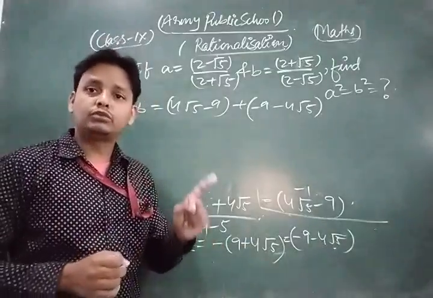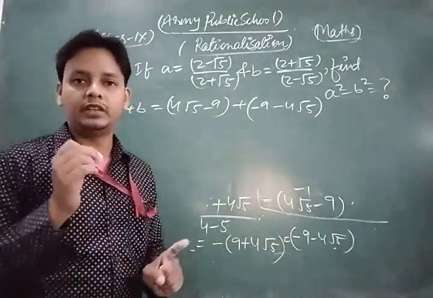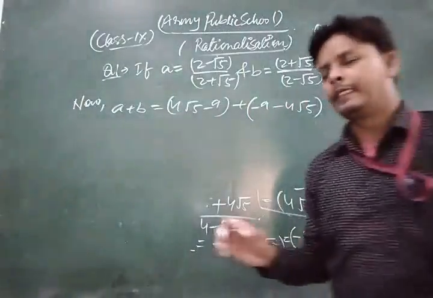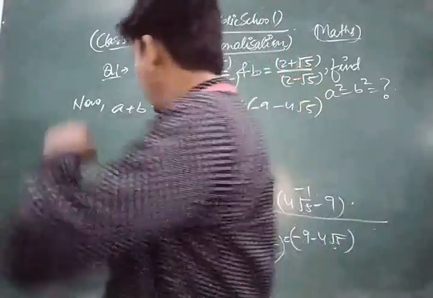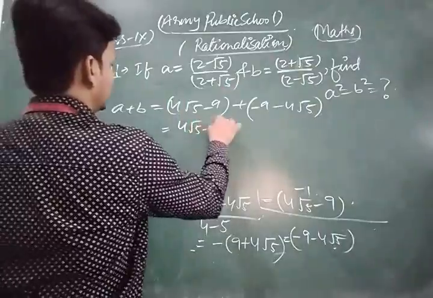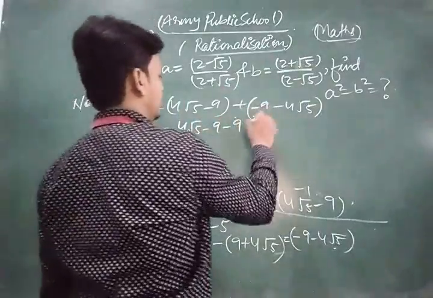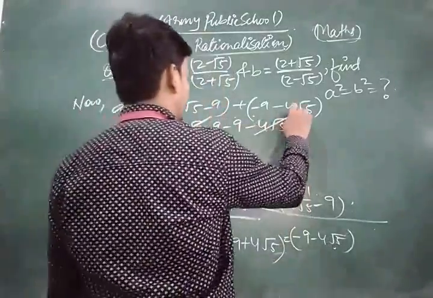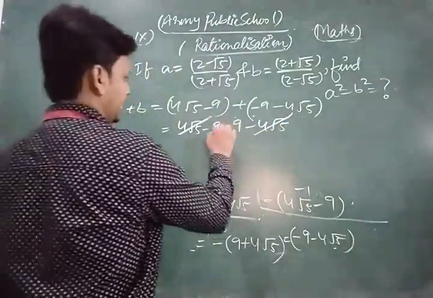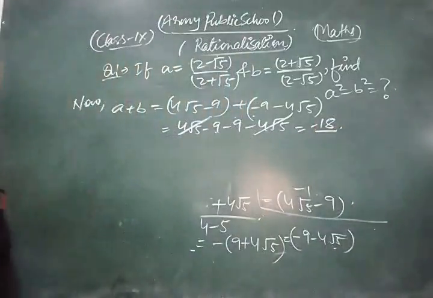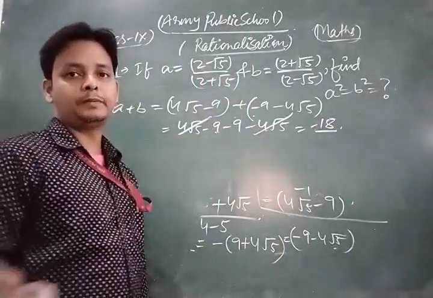Because we find the value of a square minus b square, we write it as a plus b in one bracket and a minus b in another bracket. Here, in the bracket, 4 under root 5 minus 9 minus 4 under root 5: the 4 under root 5 terms cancel each other. So minus 9 minus 9 is minus 18. So minus 18 is the value of the expression a plus b.